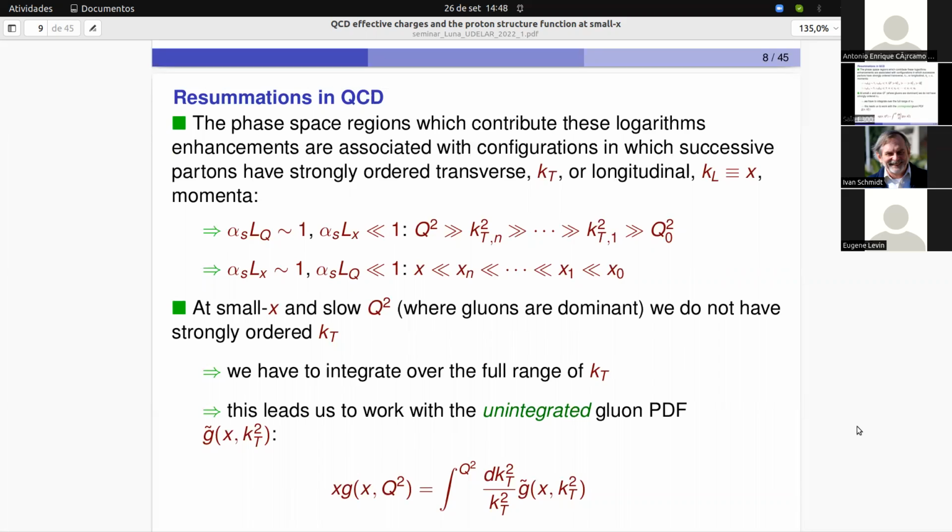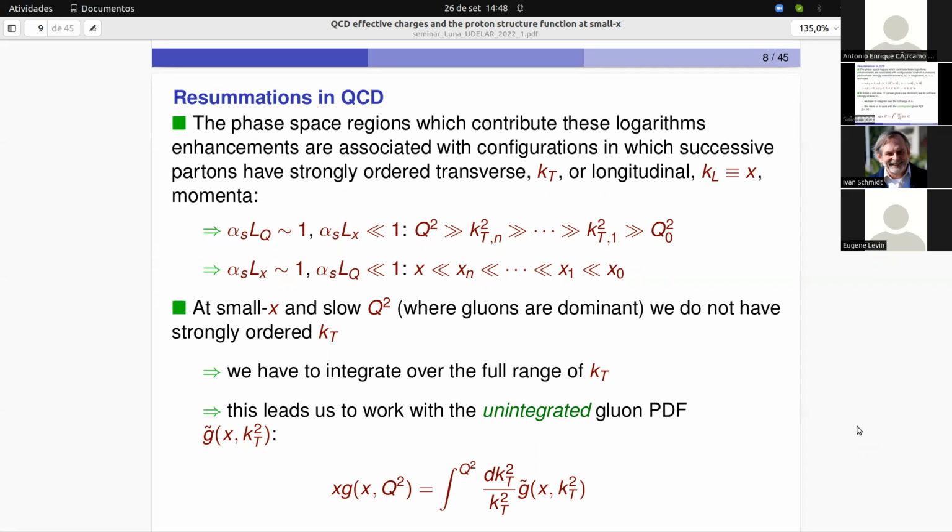So the point is this: at small x and small Q square, that is the phase space where gluons are dominant, we don't have strongly ordered k_T, transverse momentum. What does it mean? It means that you have to integrate over the full range of the transverse momentum.